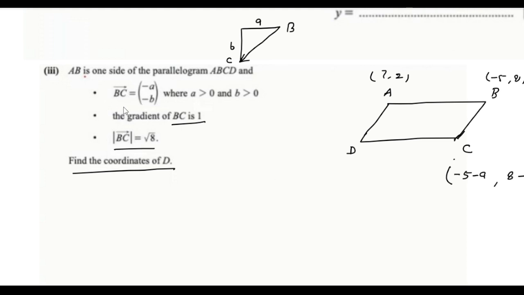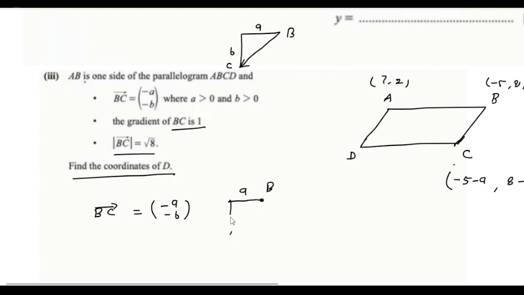Okay. Now see here, vector BC is given as (-A, -B). So from B I will go A unit left and B unit down. So my BC will be like this.